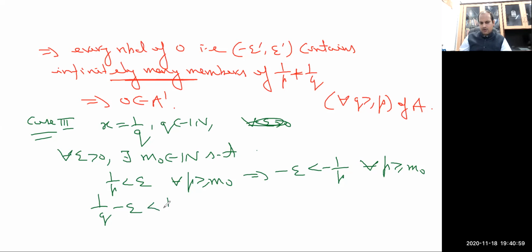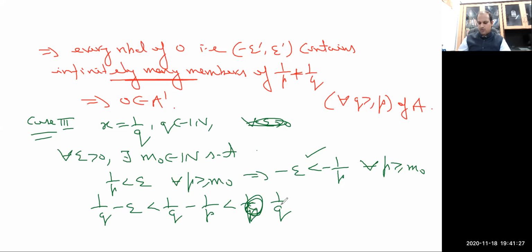is less than 1 by q minus 1 by p. Just add 1 by q to both sides of this inequality because 1 by q is a non-negative real number. And this is less than 1 by q plus 1 by p, for p greater than or equal to q. So this one is basically less than 1 by q, because from 1 by q we are subtracting a positive real number 1 by p.